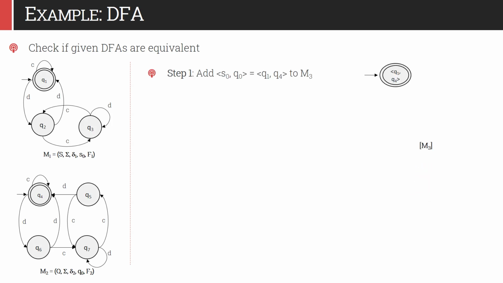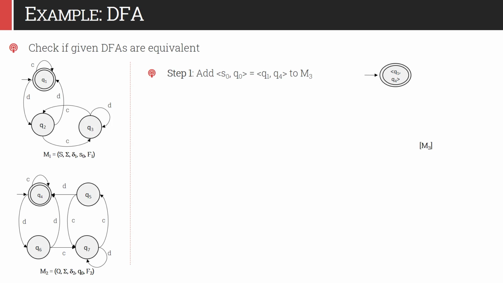So the first step from the algorithm is to add the initial states S0, Q0 to the machine M3. Here S0 is Q1 and Q0 is Q4. That is, S0 corresponds to the initial state of M1, which is Q1, and Q0 corresponds to the initial state of machine M2, which is Q4.